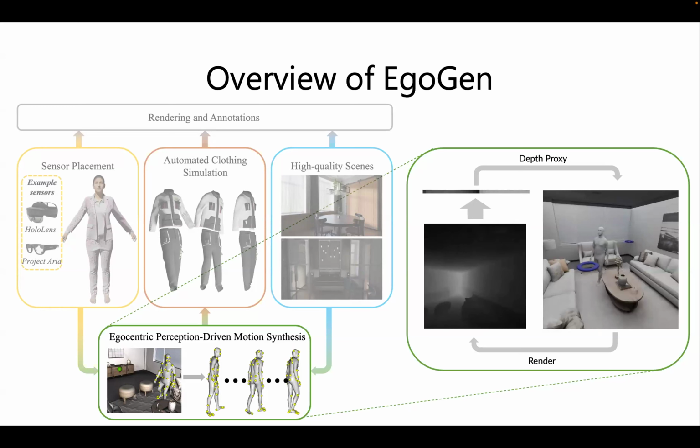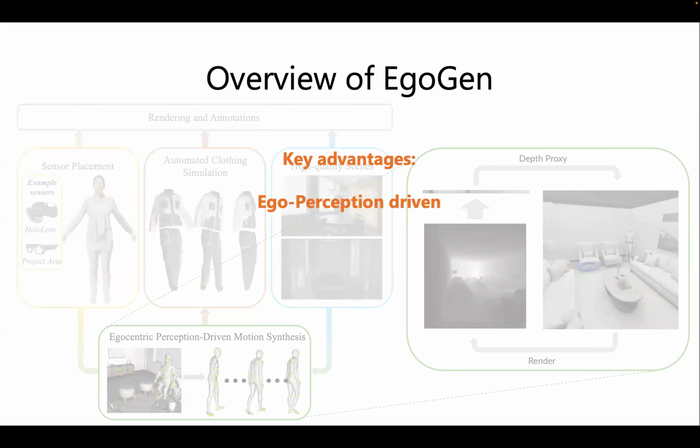So the person moves, the perception changes, and then the perception change drives the human's next movement. By doing this, we think, I mean, we haven't proved that, but we think this type of behavior is better for generating training data for egocentric perception tasks. So the key advantage, I would say, is first that it is egocentric perception driven.